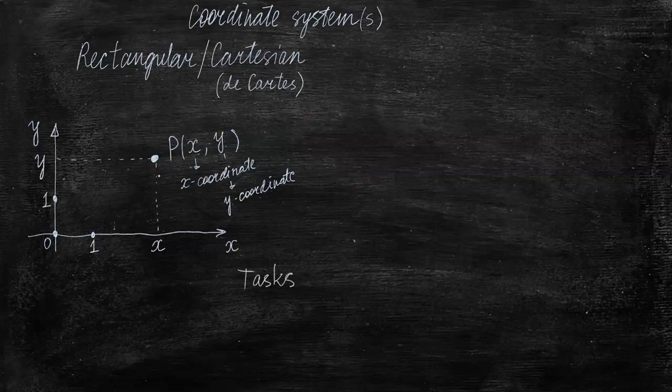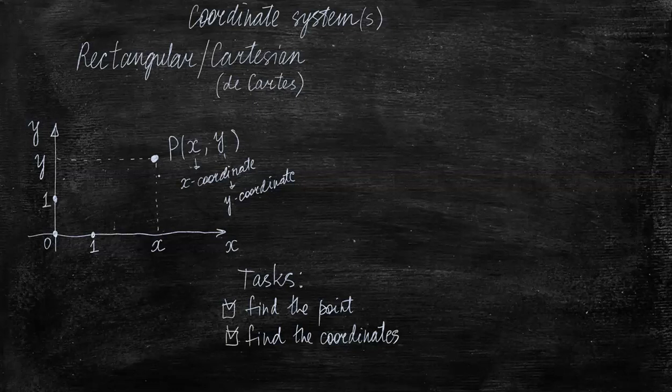We know how to find the point given the coordinates, and if the point is given, we know how to find the coordinates. These are the two basic skills that we have.